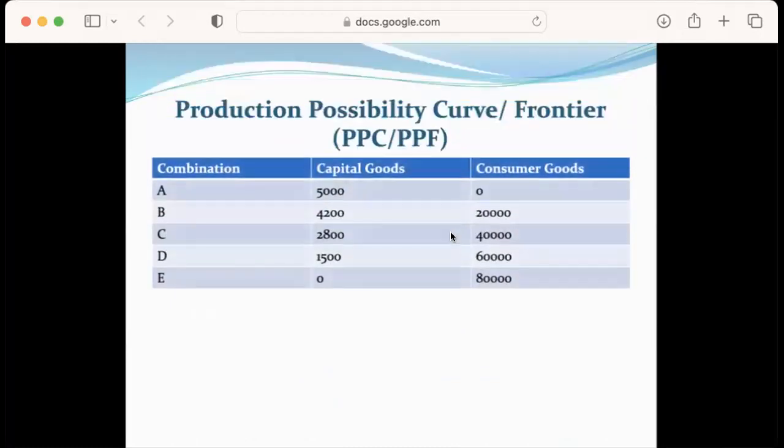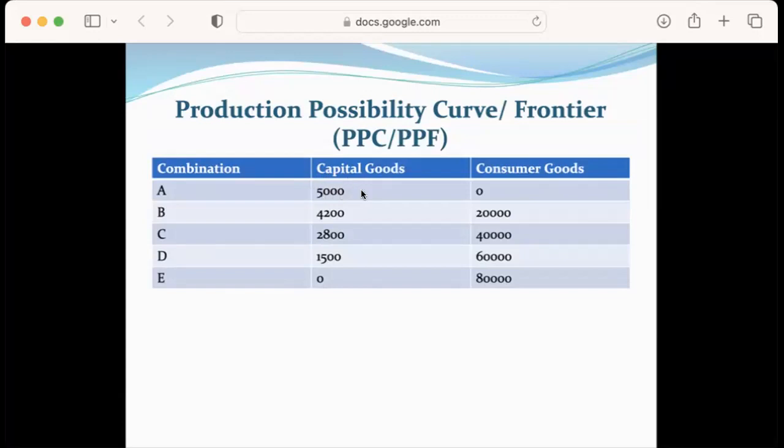Look at this example. Let's say a country can produce either capital goods like machines, or consumer goods, like chocolate. With the available land, capital and working population, it can produce 5,000 units of capital goods, machines.